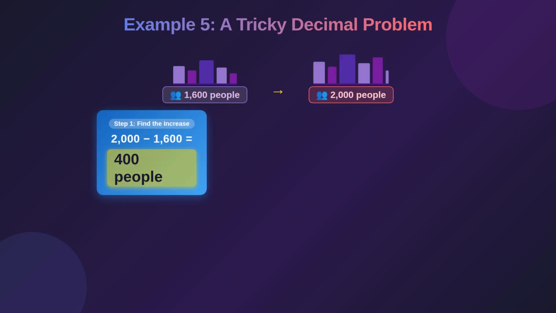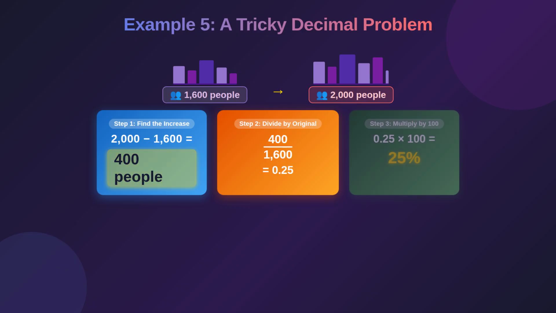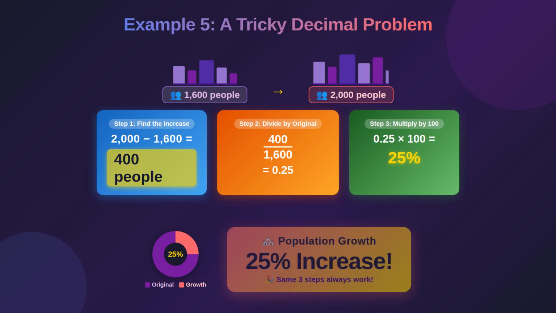Ready for the trickiest one? A small town's population grew from 1,600 people to 2,000 people. What's the percent increase? Step 1. Find the increase. 2,000 minus 1,600 equals 400 people. Step 2. Divide by the original. 400 divided by 1,600 equals 0.25. Step 3.